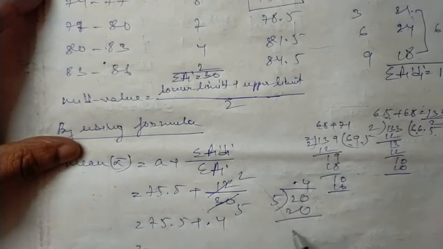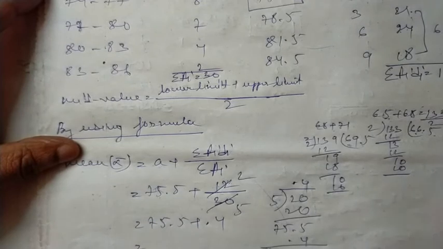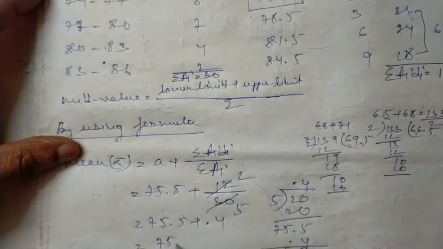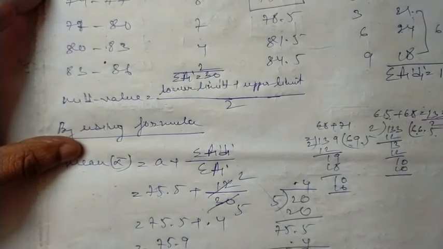If you add 75.5 and 0.4, you will get 75.9, so the answer is 75.9. Okay, this is the answer.